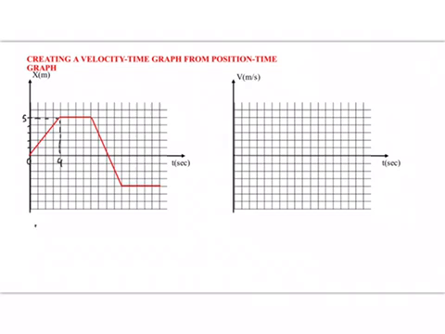So between 0 and 4 seconds, the velocity will be 5 over 4 meters per second. Between 4 and 8 seconds, you see that there is no displacement. Its position doesn't change, so the velocity is 0.